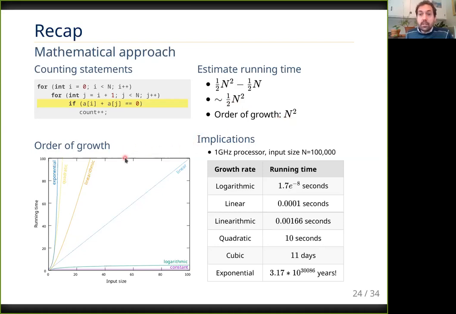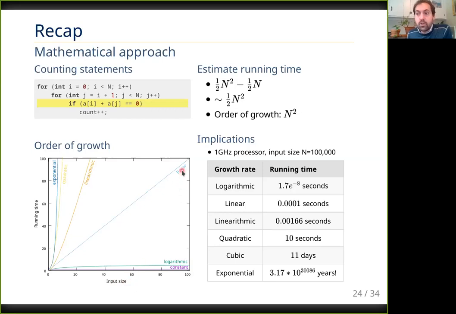Then we saw that there were different orders of growth, and I tried to show you graphically their behavior. So we saw that obviously constant never changes as a function of the input size. Logarithmic is really good because it barely moves as the input size grows.